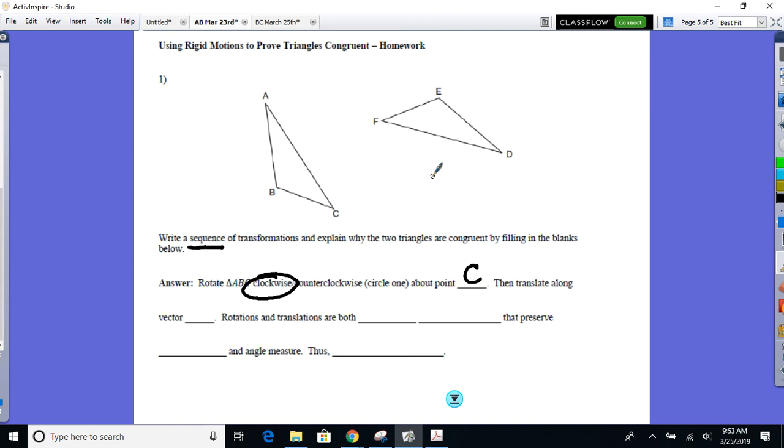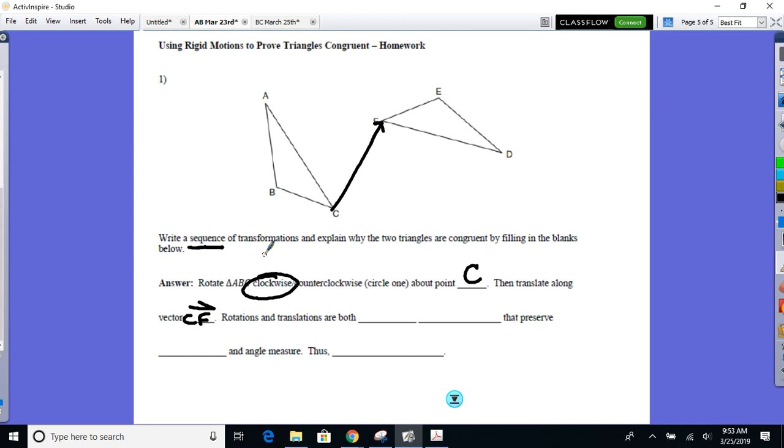Through a vector. Bella, which point did you rotate around? C. So how can I match C up with F? By drawing in a vector that would match C to F. So I'm going to translate along vector CF. Here's the symbol for vector if you forgot, because we haven't had to draw it yet. It's like a half arrow.